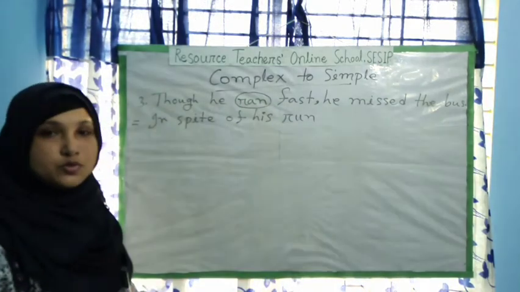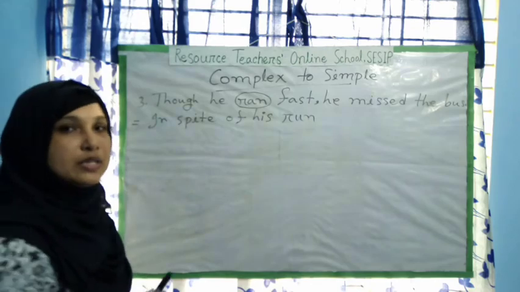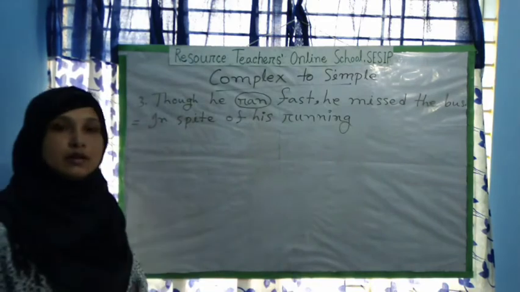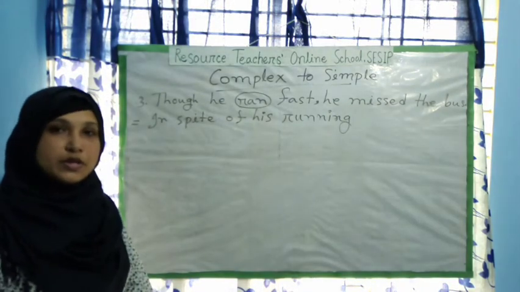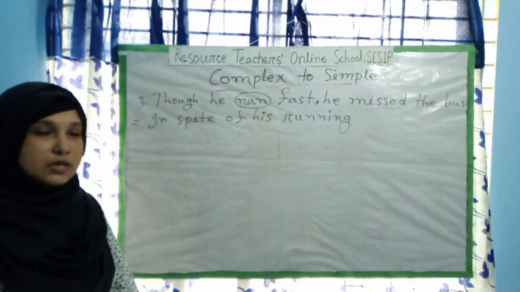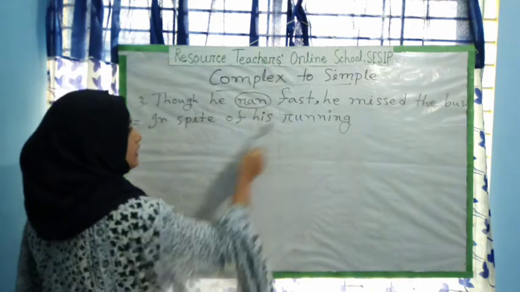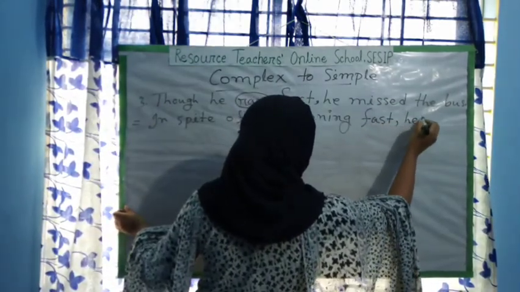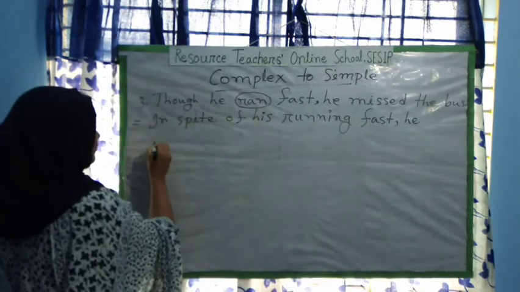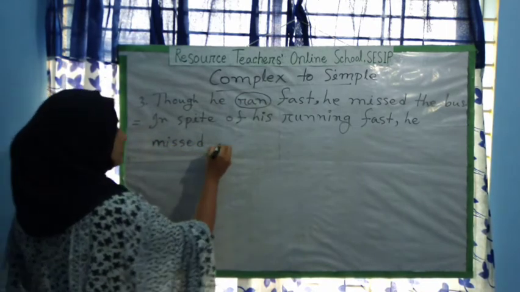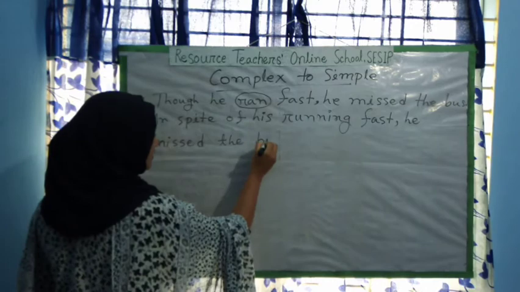Then we have to add ing with it, running. Students, at first we have to make present form of the verb and then we have to add ing with that verb. In spite of his running fast, he missed the bus.